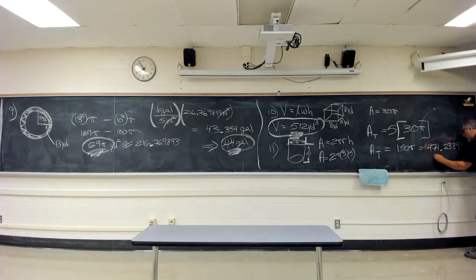Now, we're not done. That's a rigorous look at it. Rounded to the nearest hundredth, that's going to go up to a 4. Area subtotal is going to be 471.24 inches squared.